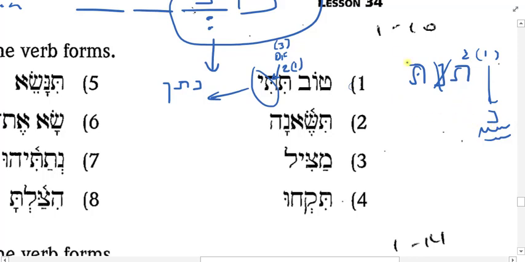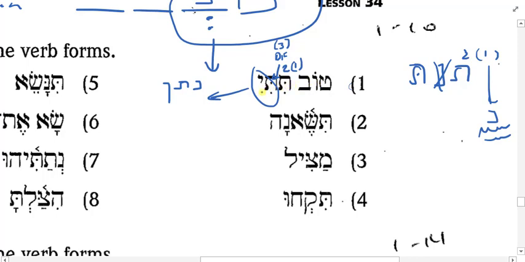Sorry. Okay. So, if this is the infinitive construct of Nathan, then it's who's giving? It's my giving. Yes, so my giving, my act of giving, tov, is good. Okay, so this is a verbless clause or a copular clause. So good is my act of giving.